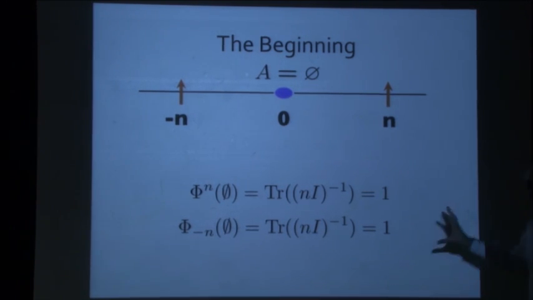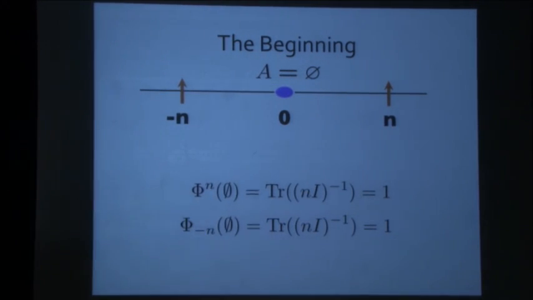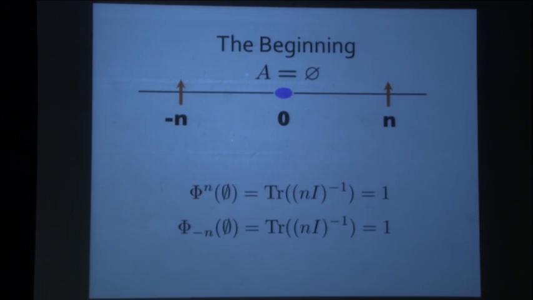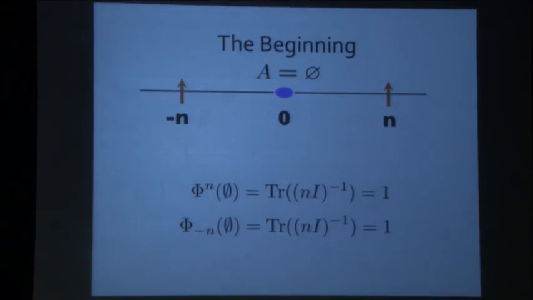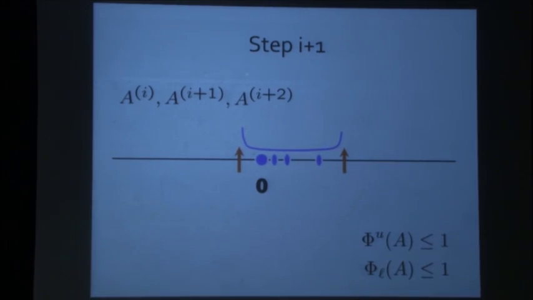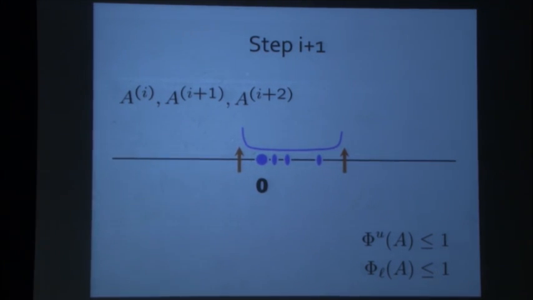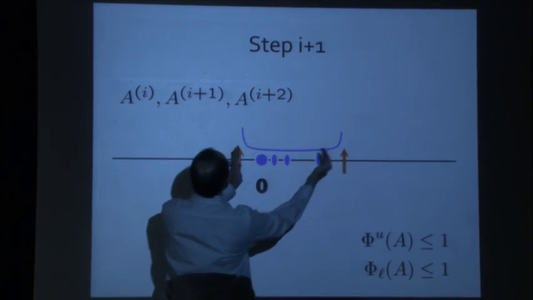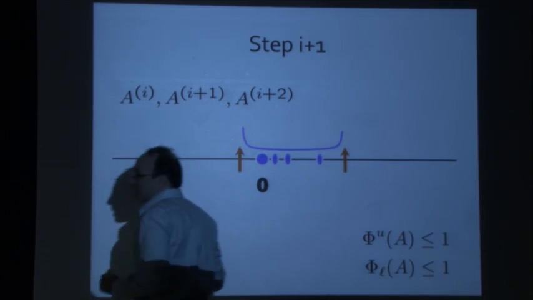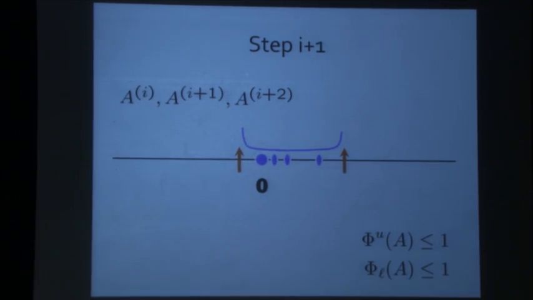We are going to maintain that throughout the course of the algorithm, which is really an algorithm for constructing this matrix. So at every single step, what we want is that the upper barrier and the lower barrier are both less than or equal to 1. So this means that not only are the eigenvalues between the barriers, but they're not too close. And we will maintain that at every single step.